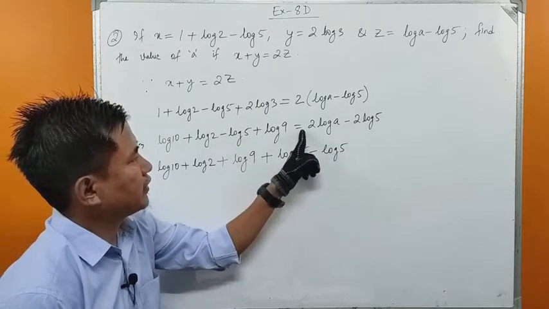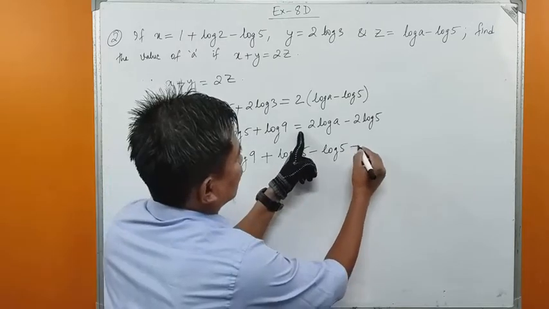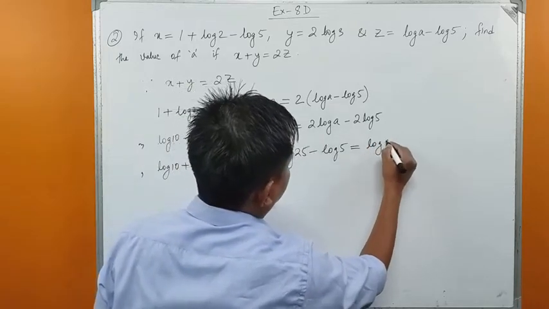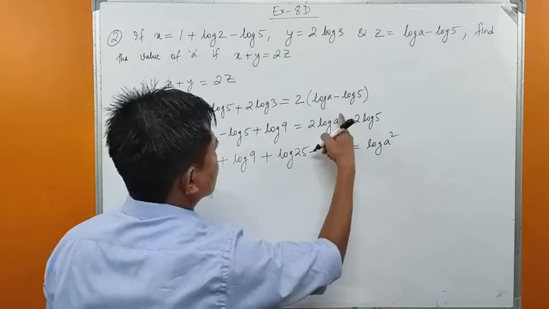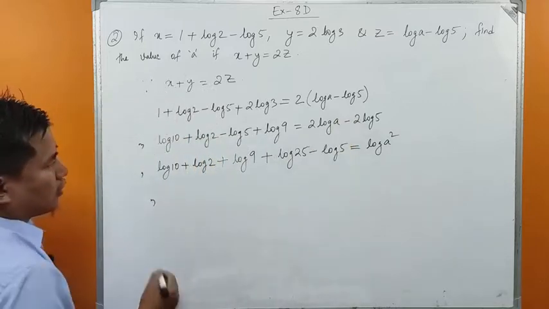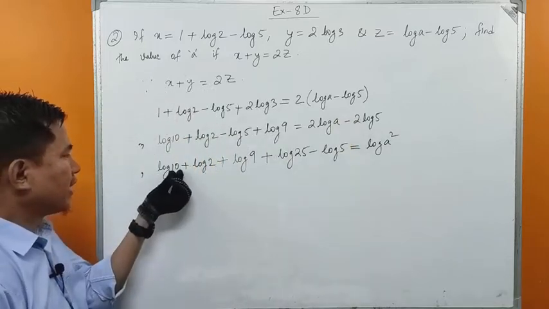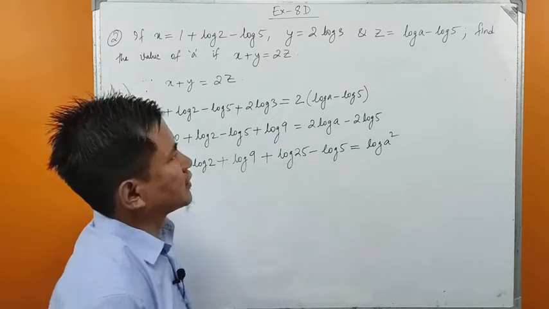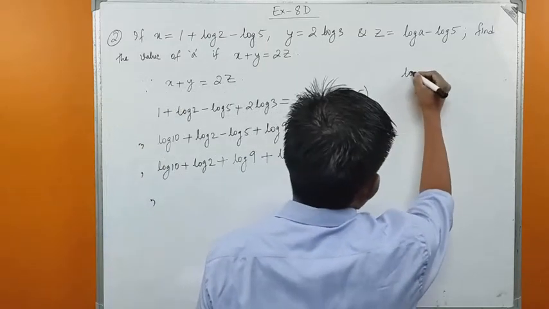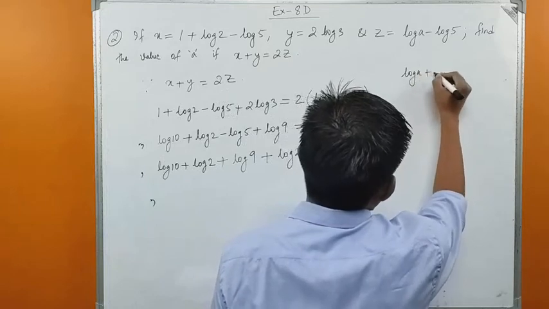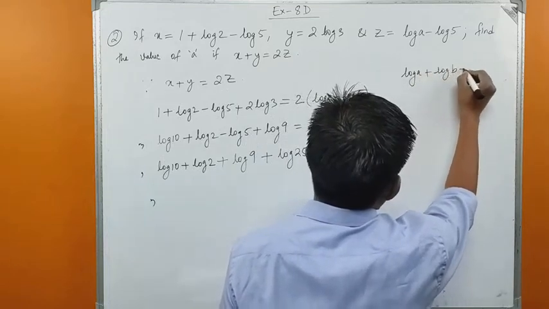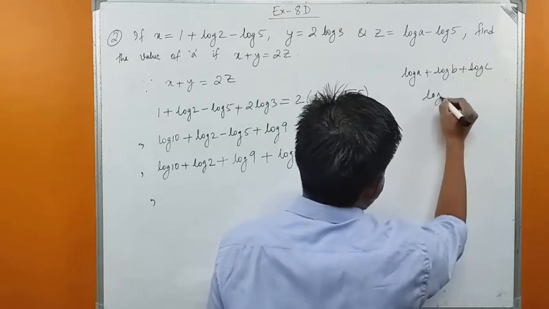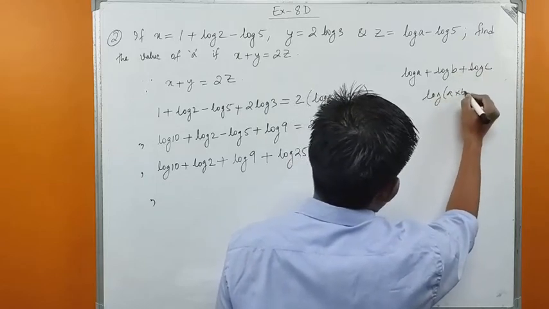Now in the right hand side we have 2 log a, which means log a squared. This 2 goes to the power. Now what do we do? We know that log a plus log b plus log c can be written as log a into b into c.